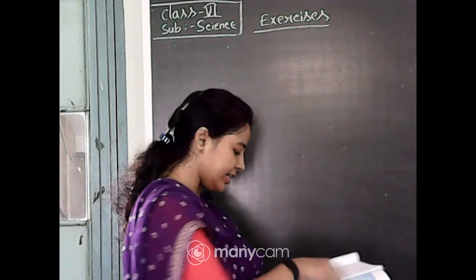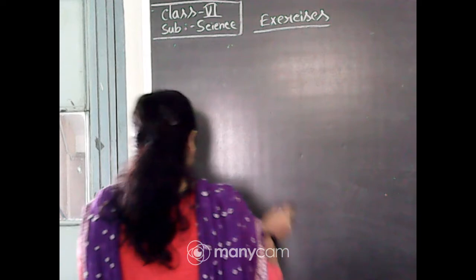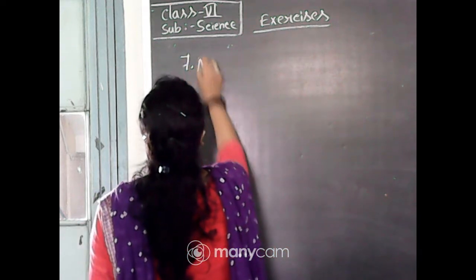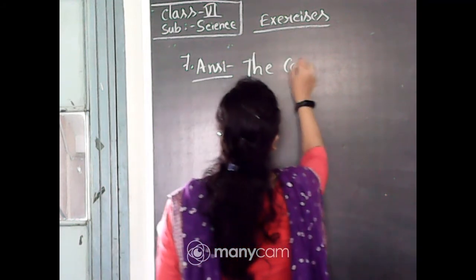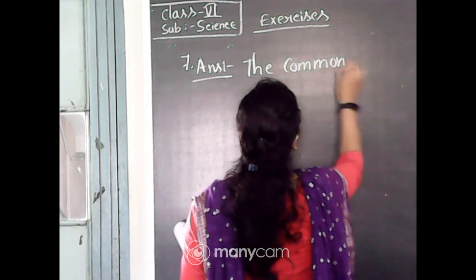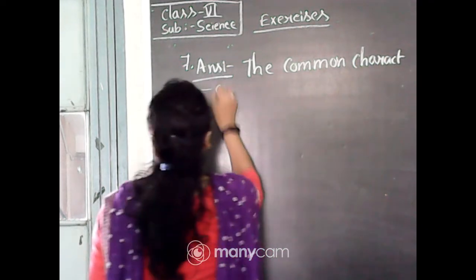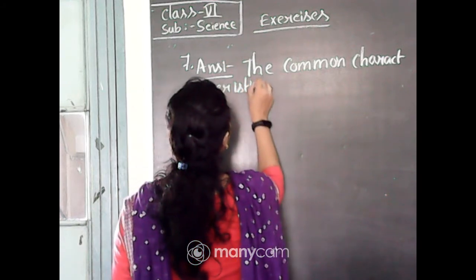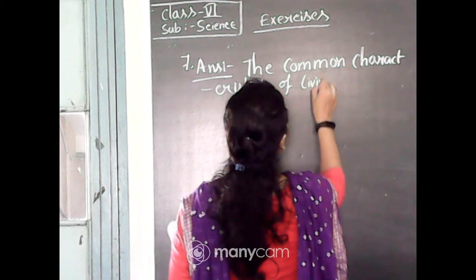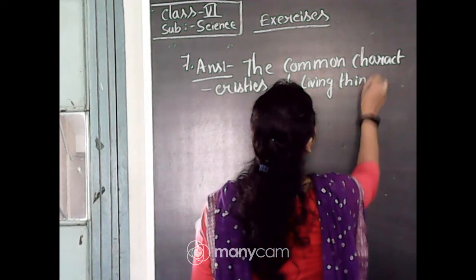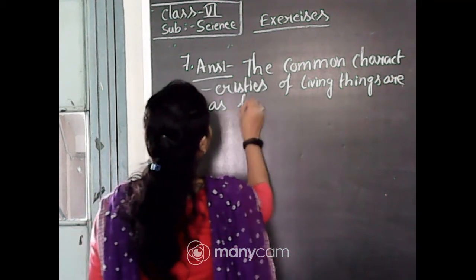The next question is: list the common characteristics of living things. So answer 7: the common characteristics of living things are as follows.